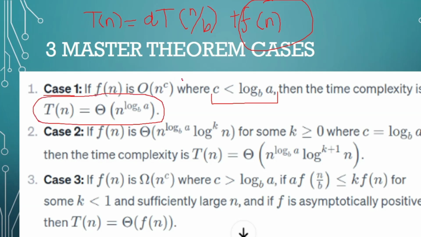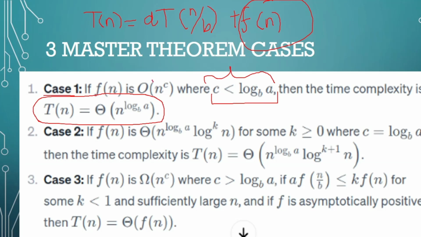We're going to be seeing examples here, and we'll get to understand it even better why we're saying f(n) is big O of n to the power of c. But I want you to remember this part, as it will help us to decide if a certain recurrence relation belongs to case 1, case 2, or case 3.